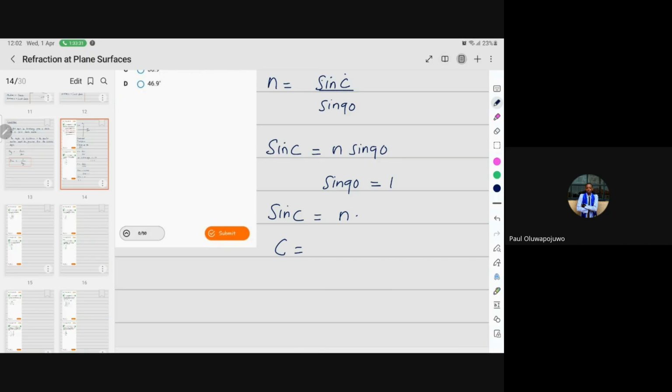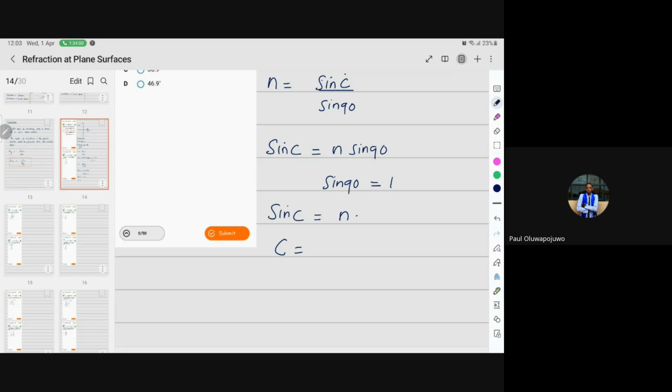Are we there now? Is someone following? Give me a thumbs up if you follow to that point. Good. I'm looking for C, so what will I do? I need to do the sine inverse, isn't it? Let's not do sine inverse yet.